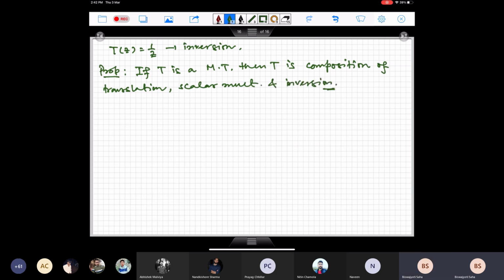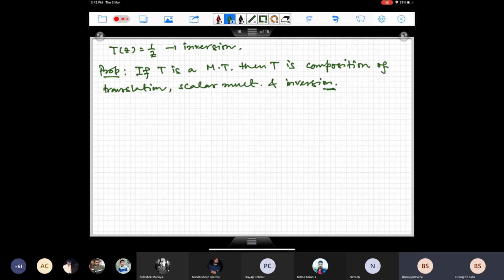Okay, so any Mobius transformation can be decomposed into these simple, or like I said, fundamental Mobius transformations.